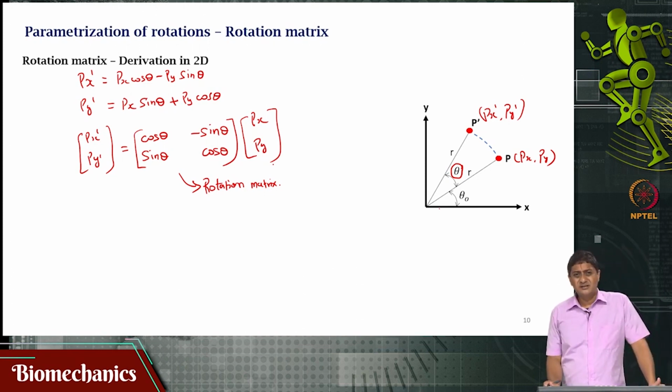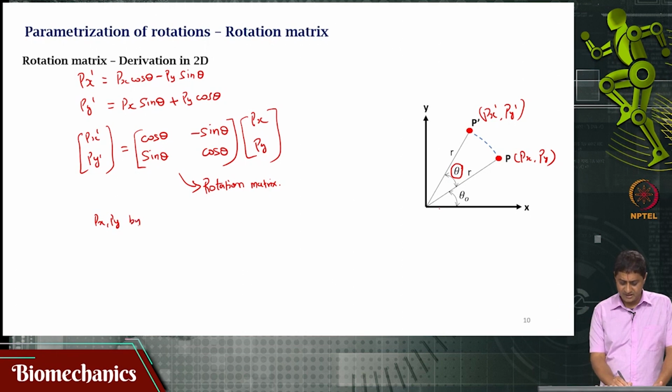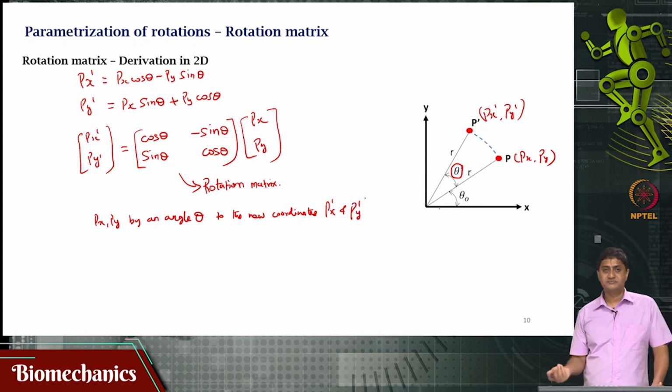What does this do? This rotation matrix is the matrix that rotates a point P whose coordinates are Px and Py by an angle theta to the new coordinates Px dash and Py dash.